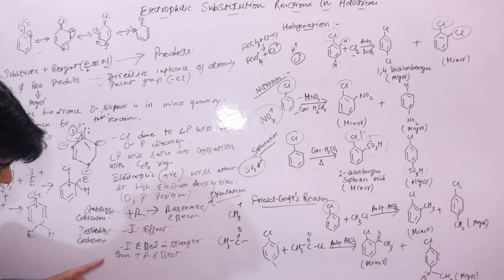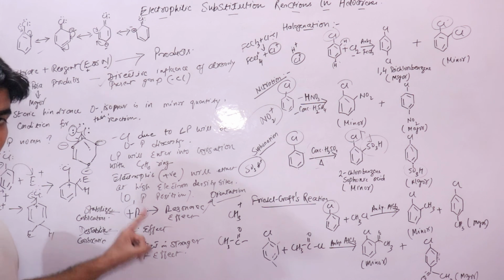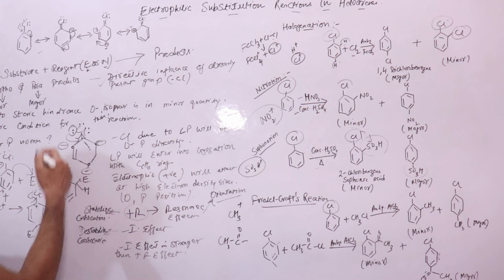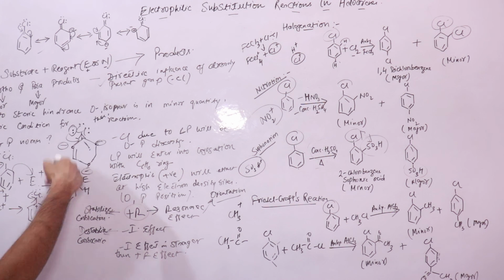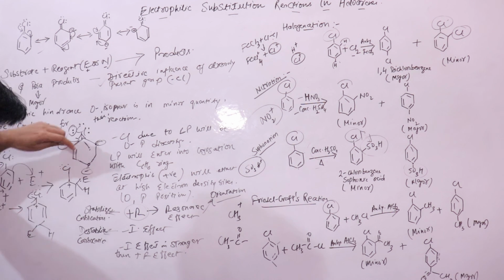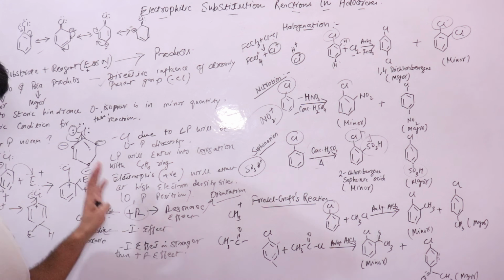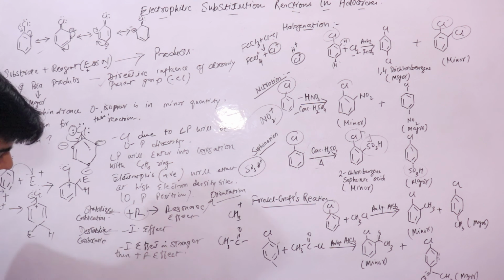Since minus I effect is greater than the plus R effect, the net effect would be that the ring will get deactivated. When we say the ring will get deactivated, that means the electron density will reduce on the benzene ring. So since minus I effect is stronger than plus R effect, there is net deactivation.